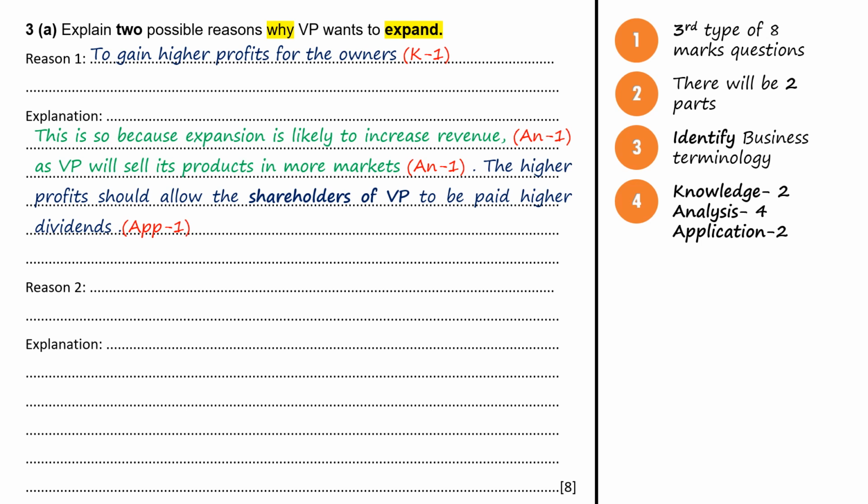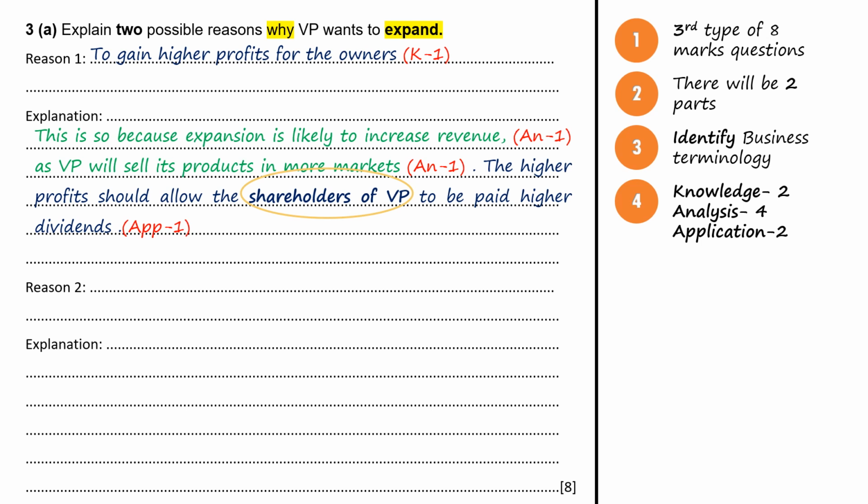Of increased revenue, say VP will sell its products in more markets. Second mark for analysis: the higher profits should allow the shareholders of VP to be paid higher dividends. Application mark: shareholders of VP. That's all for 4 marks.